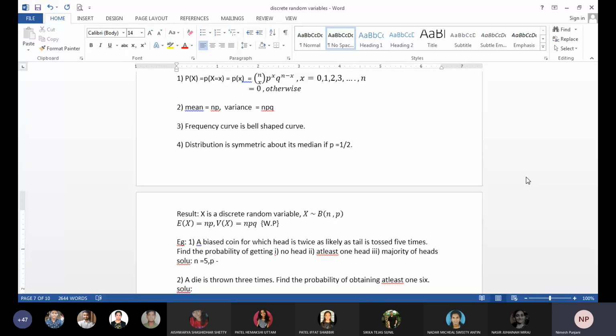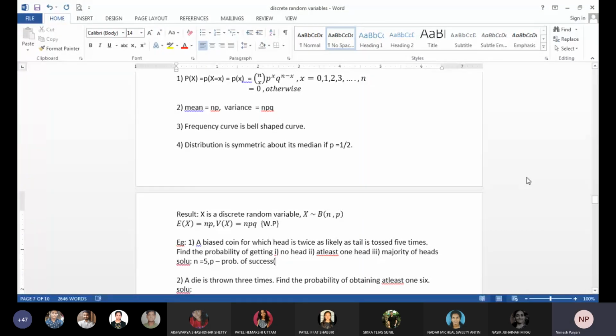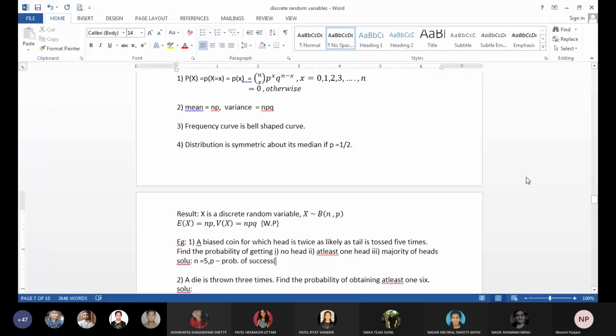Okay, these are the 3 things which we have to calculate. So first, what is P? P is the probability of success. In the question, everything is related to a head, right? So here what will success be? Success will be getting a head.